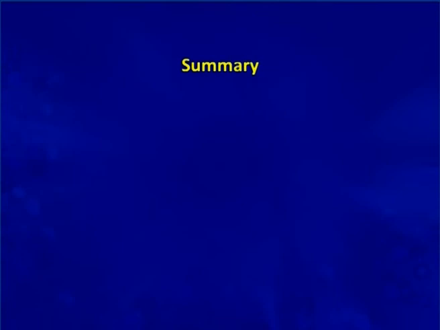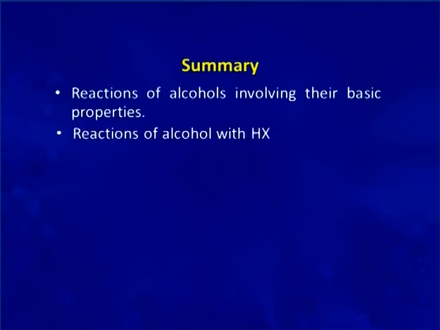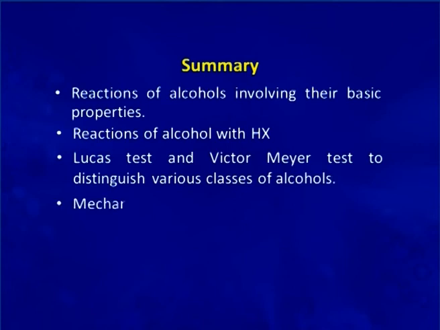In today's lecture, we have so far discussed the reactions of alcohols where they show basic properties. We have discussed the reaction of alcohol with hydrogen halides. We have discussed tests like the Lucas test or Victor-Meyer test to distinguish between primary, secondary and tertiary alcohols. We have also discussed the mechanism of reaction of hydrogen halide with different classes of alcohols.